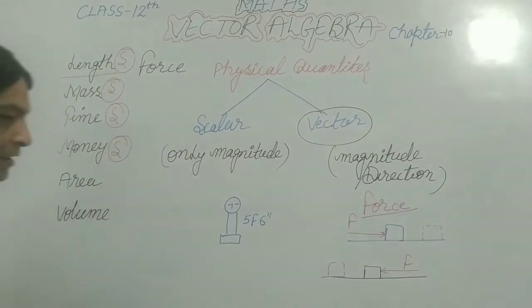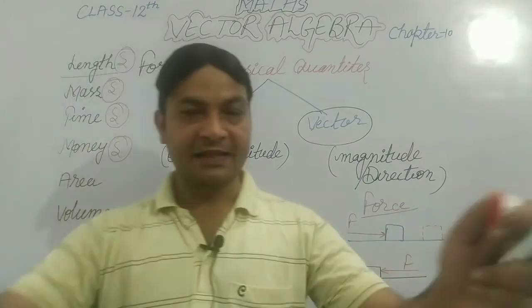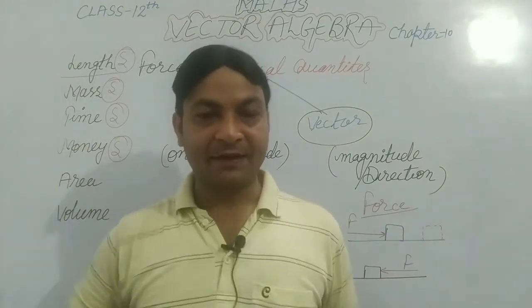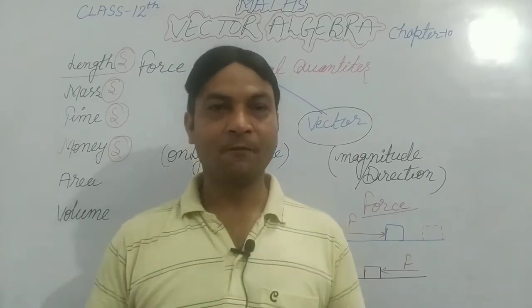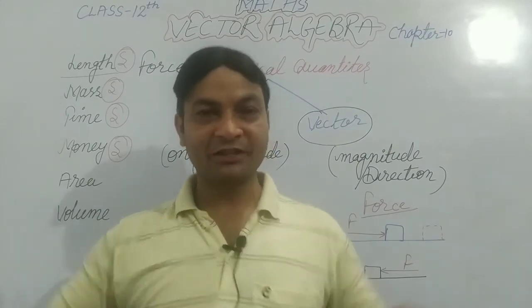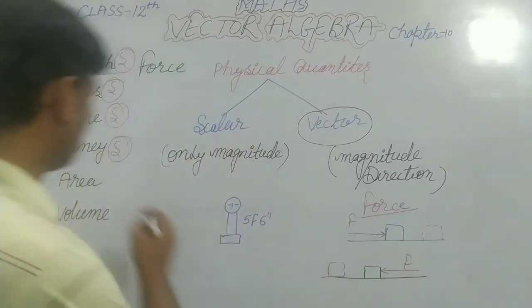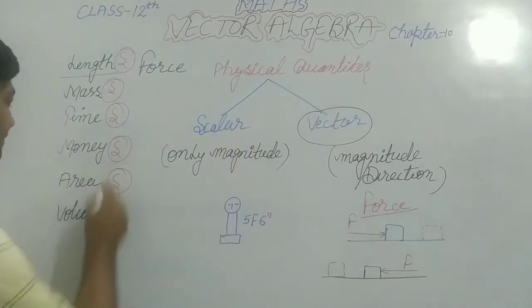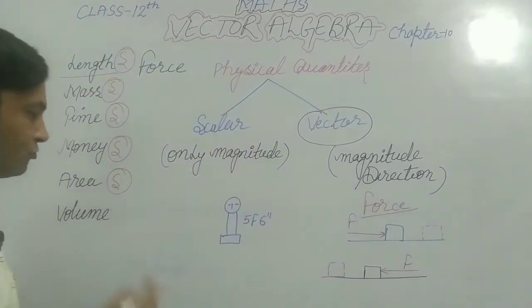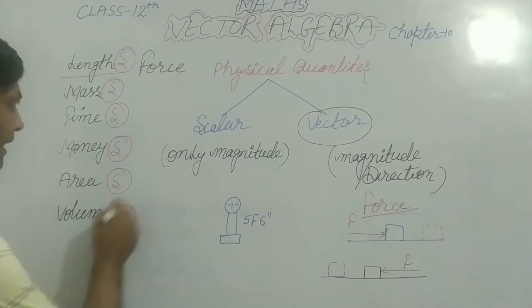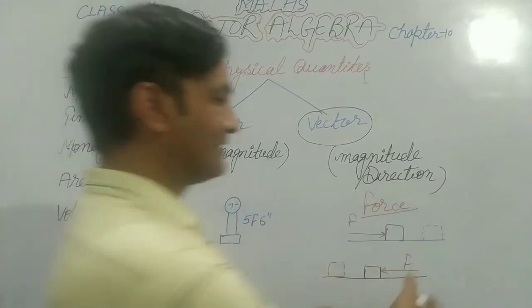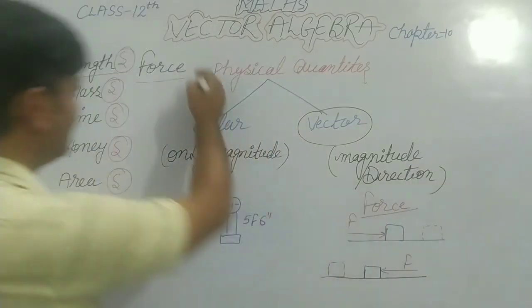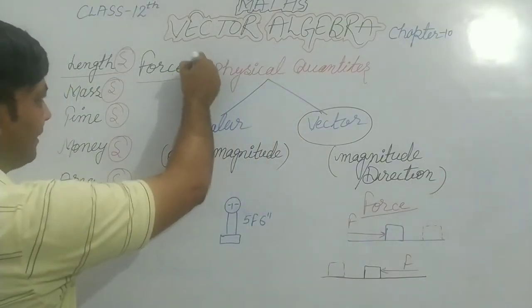And area: length and breadth multiplied, L times B, equals area. In which direction is area? So it is also a scalar. And volume is also a scalar. And what about force? Earlier I gave the example of force, so it is a vector.